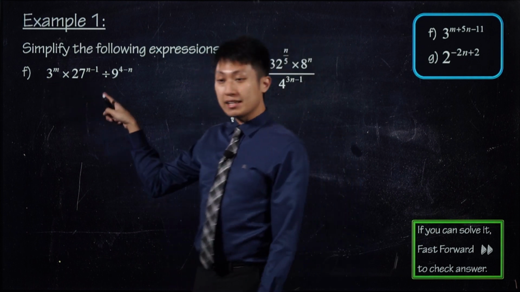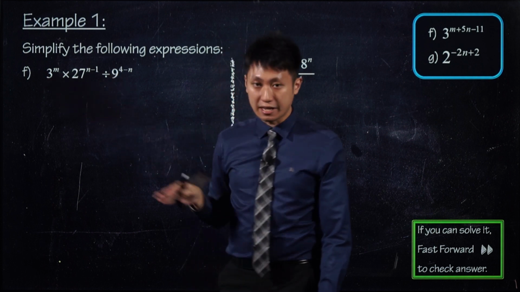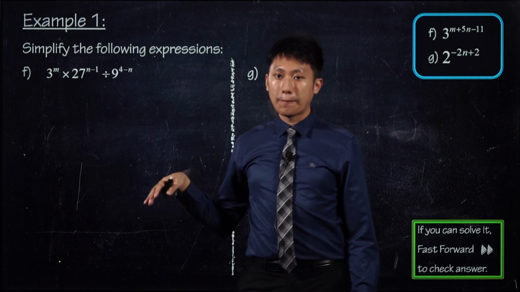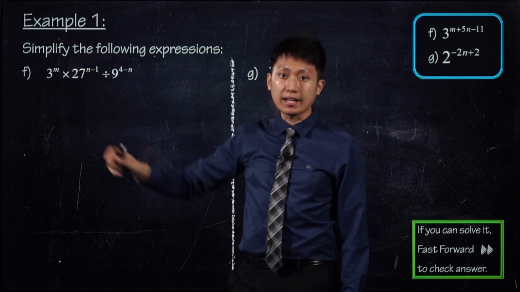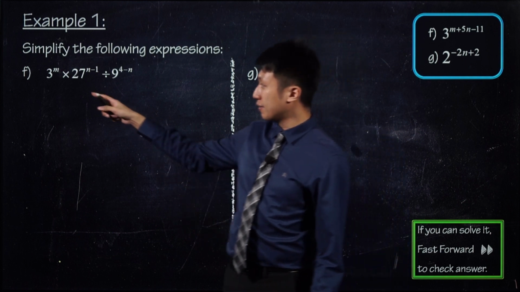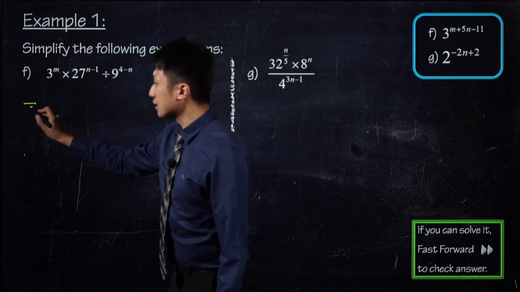So you analyze the question, you look at it, it seems to have base 3, 27 and 9. But when you see 27, what did I say just now? You get to see 27 as 3 to the power 3, 9 as 3 squared, and then you're going to write everything in the base of 3. Okay, so let's start.